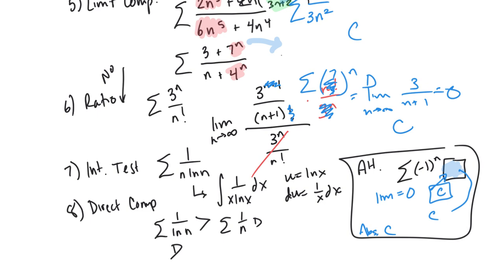So, for example, if I had something like -1 to the n and 1 over n squared, just covering this up for a second, 1 over n squared going to infinity has a limit of 0, and 1 over n squared is a convergent p-series. So basically, you just ignore that it was alternating and say, is the limit 0? Yep, it converges. Does the series converge even without this?